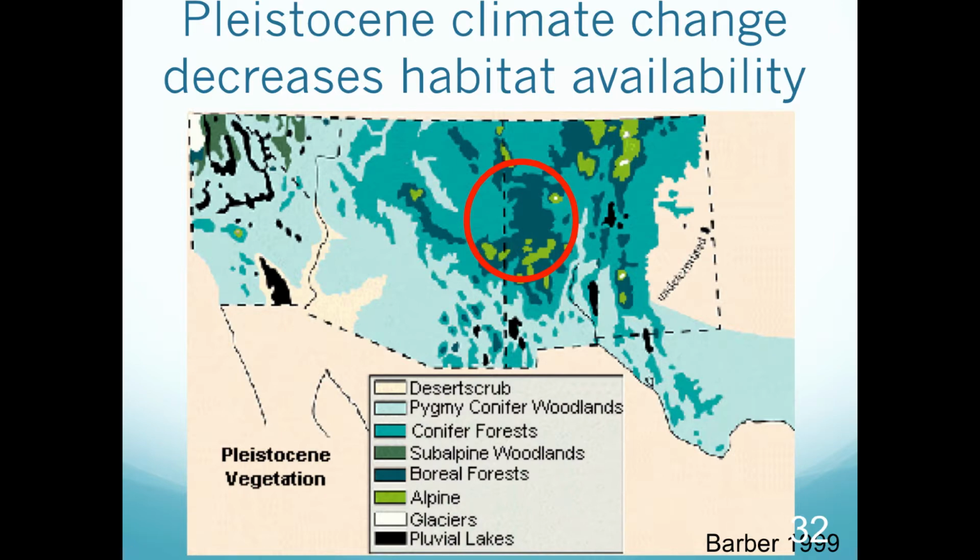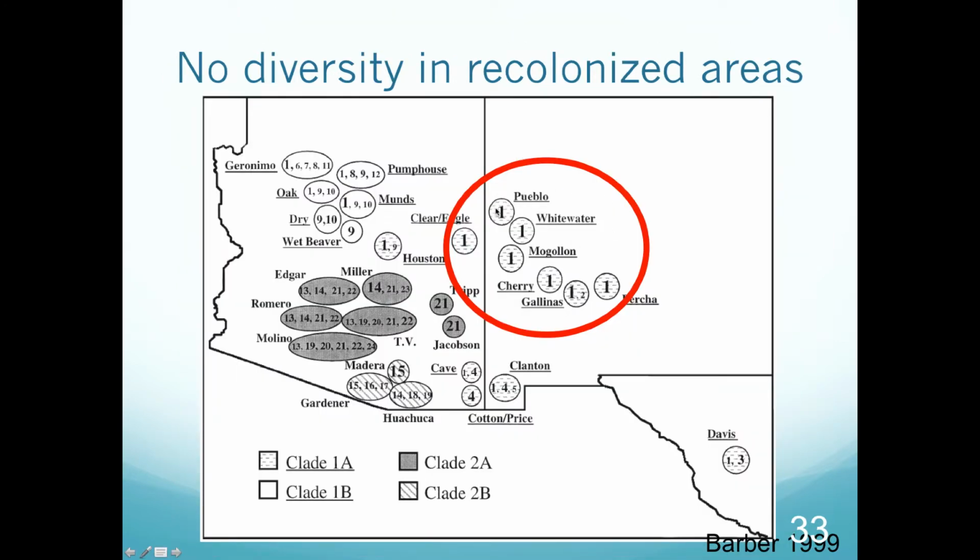When the glaciers receded and the tree frogs recolonized this habitat, the recolonized habitat had very, very low haplotype diversity, very low genetic diversity, indicative that they had recently colonized these areas.